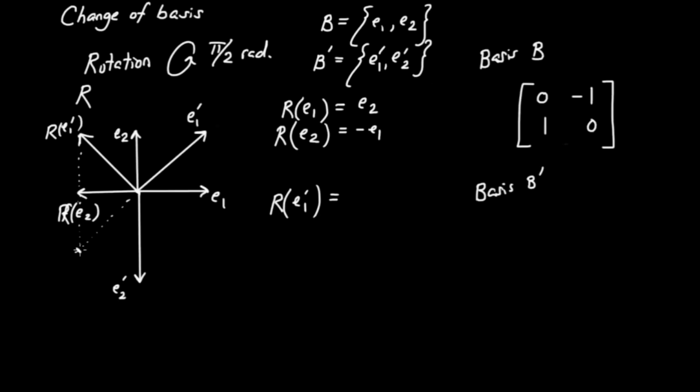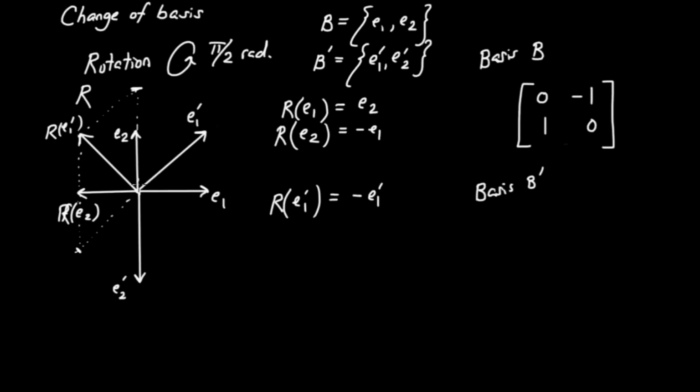So we find it's going to be that vector down there, which is just minus 1 E1 prime. And then we want to project upon E2 prime. So what we're going to do is draw a line parallel to E1 prime such that it touches the line in the span of E2 prime. So that's actually going to be up there.